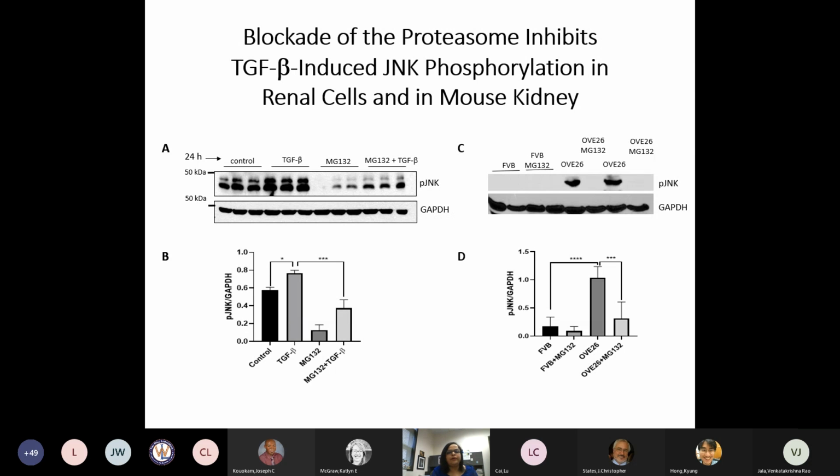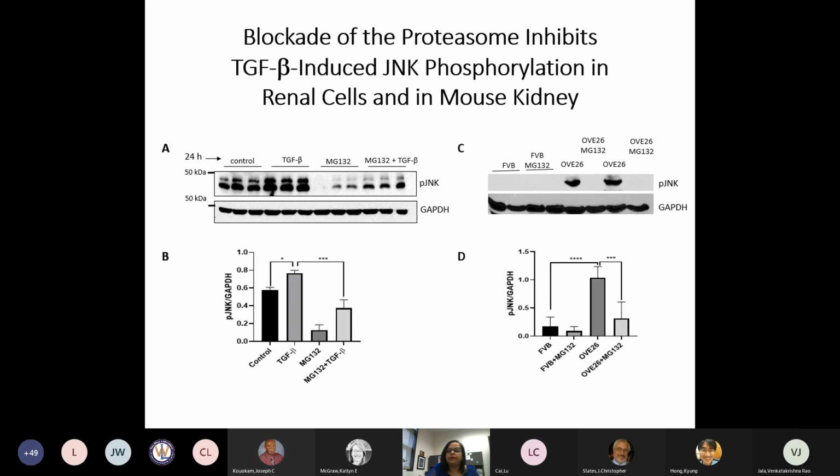We examined the effects of blocking the proteasomal activity on TGF-beta induced JNK activation. TGF-beta mediated JNK activation was significantly inhibited in the presence of MG132, which is the proteasome inhibitor.